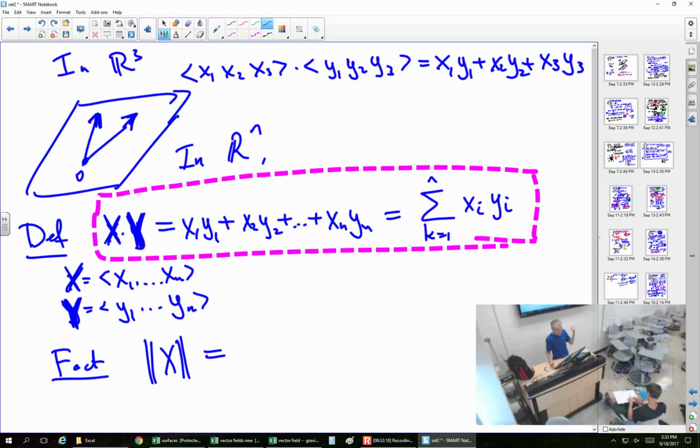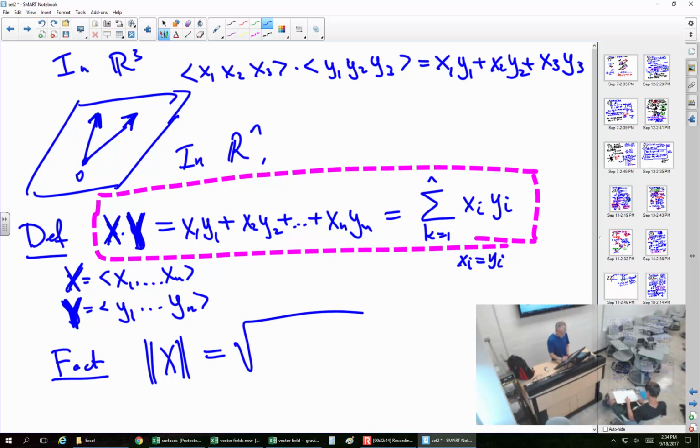Look at it: the magnitude is the square root of the sum of the squares. Here we're doing multiplication, except we're multiplying the components of the vector by components of the other vector. So what if we make it the same vector? If xi is equal to yi, then we're going to get a bunch of squares, right? So, there you go.